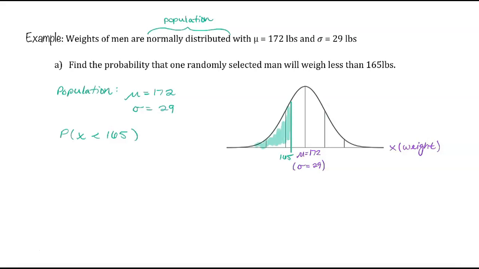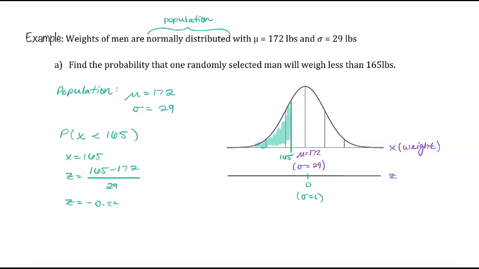Translating these to the corresponding z-scores, where the mean is 0 and the standard deviation is 1, when x is equal to 165, z is equal to 165 minus 172 divided by 29, or z is equal to negative 0.24. Let's use our z-table for this one.